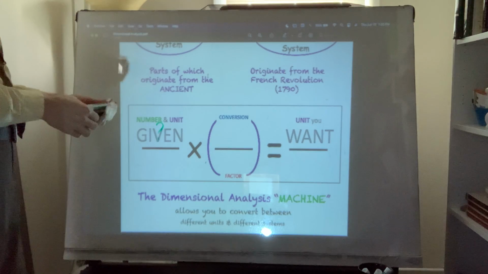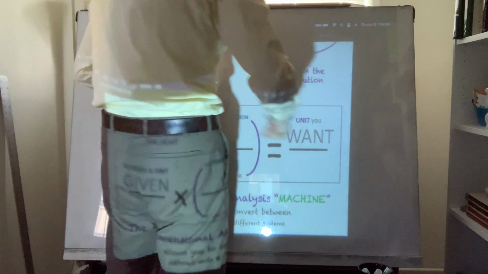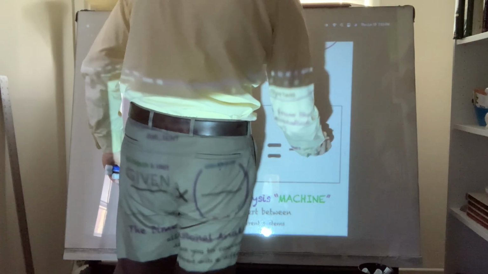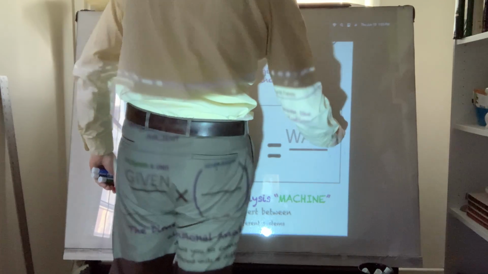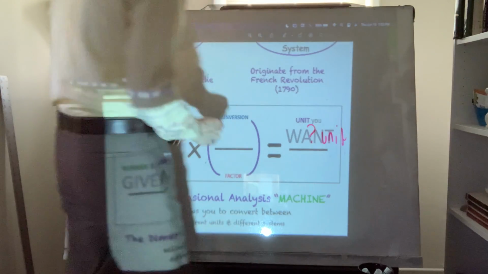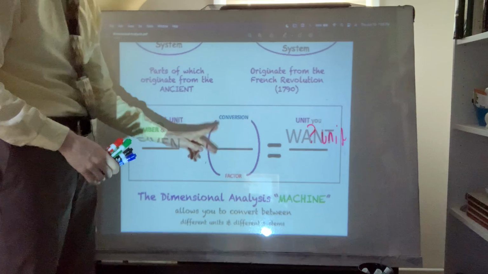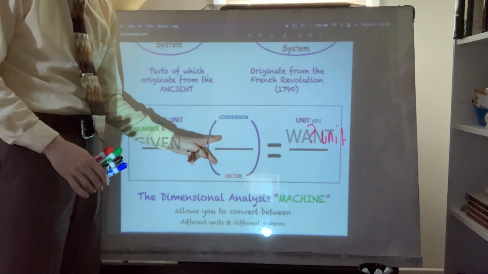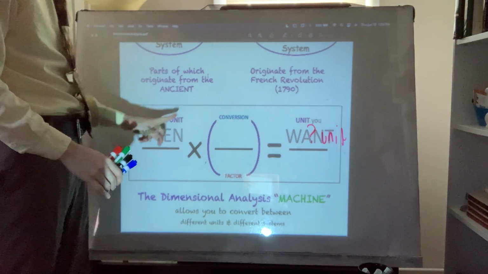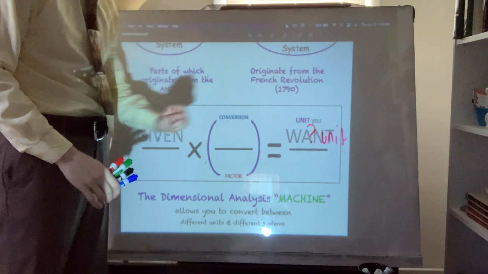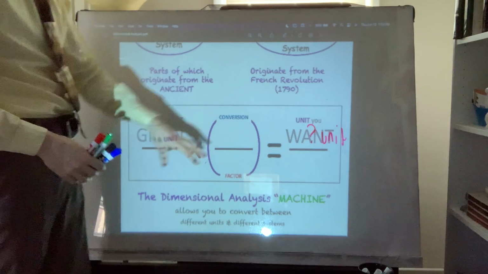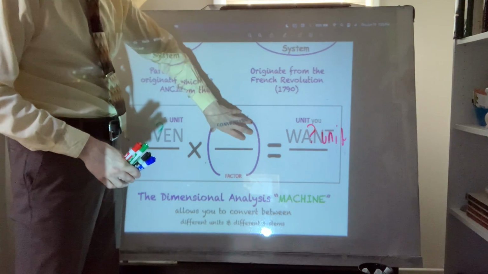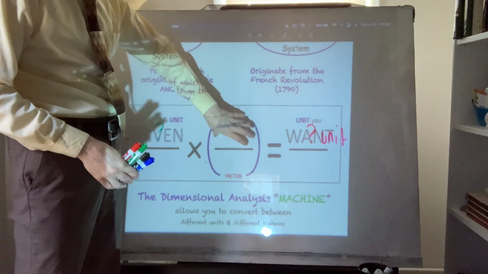Whatever you actually want, you will put on the far right, at least the unit. And then you would choose, as long as you have at least one conversion factor that relates this unit to this unit, you could situate the equivalents here and here respectively.